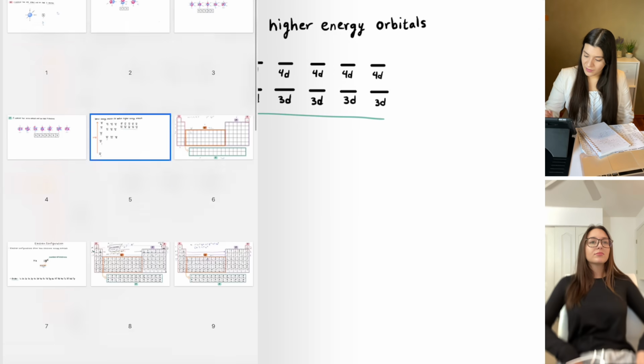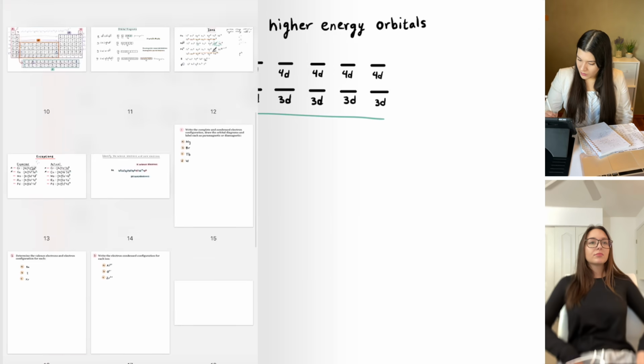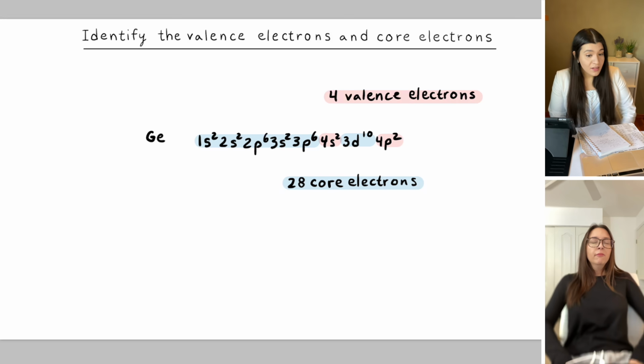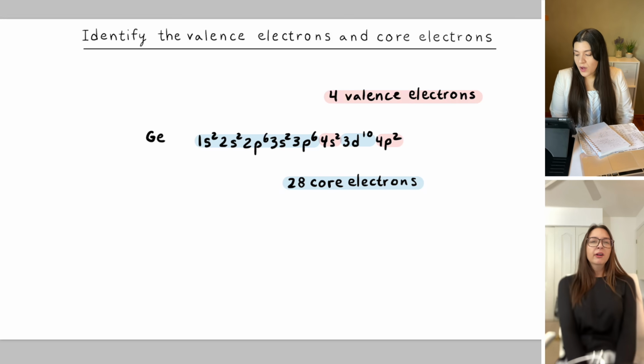Okay, cool. All right, last thing. We can also determine the overall core electrons and valence electrons just by looking at the electron configuration. As you can tell, I already highlighted everything. You should have gone over what valence electrons are, but I'll go over it. They're the outermost electrons.